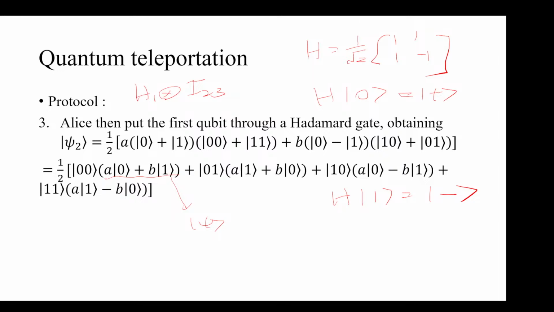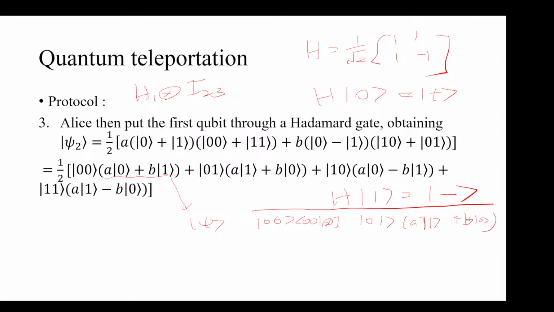So let's write down one of the pretty trivial computations here. For example, we have the 0,0 projector tensor identity acting on |0,1⟩(a1 plus b0).